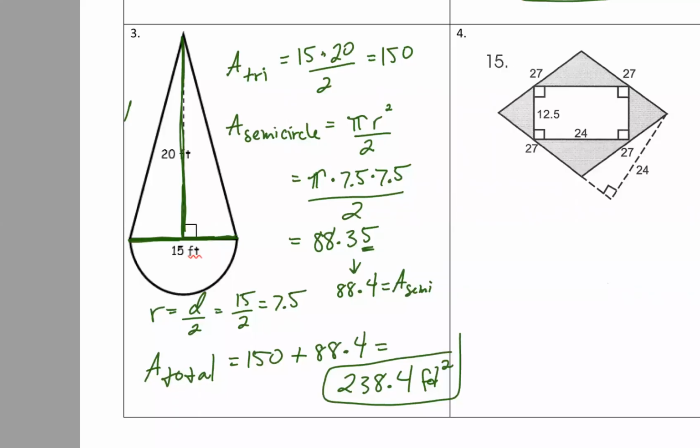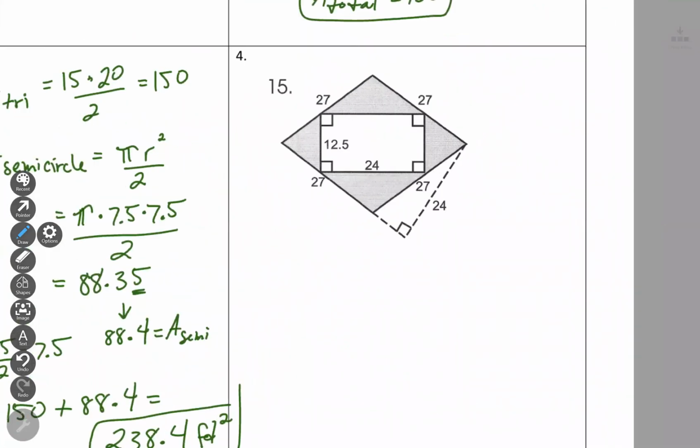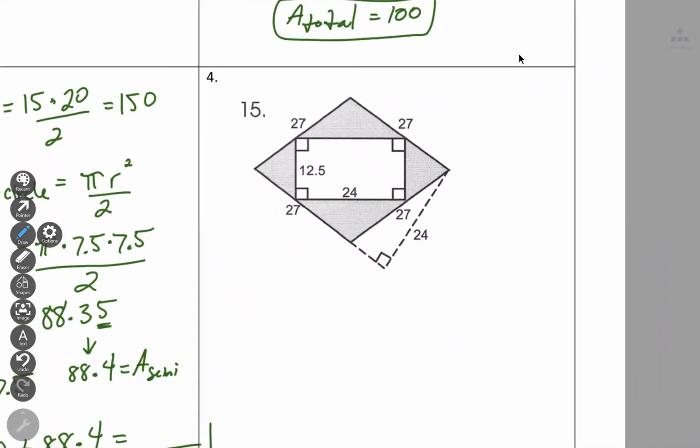Okay, our next problem that we have here is called shaded area. So we need to find the area of this shaded portion here. Okay, it's 15, not part of it. So we have to look at what the overall shape is, and then we have to look at the part that we're going to take out.